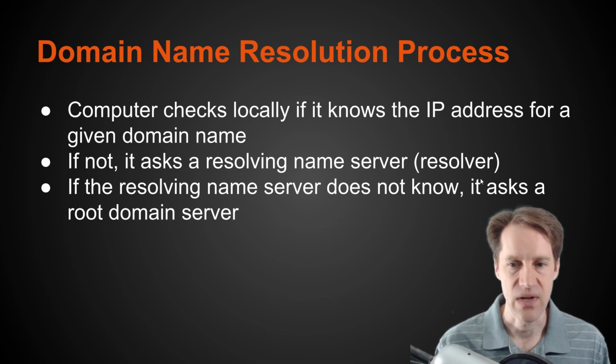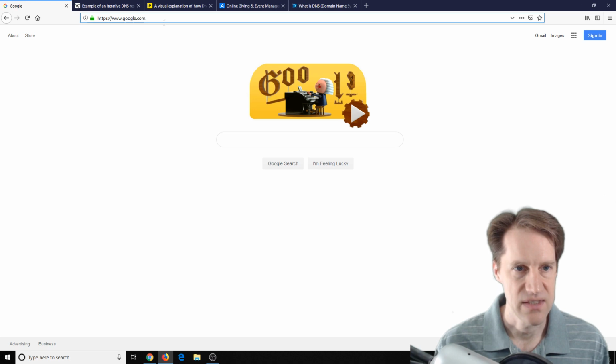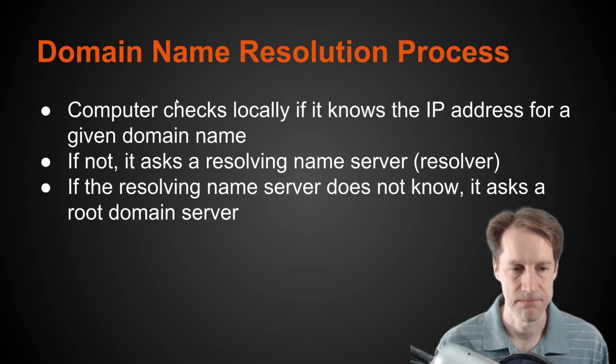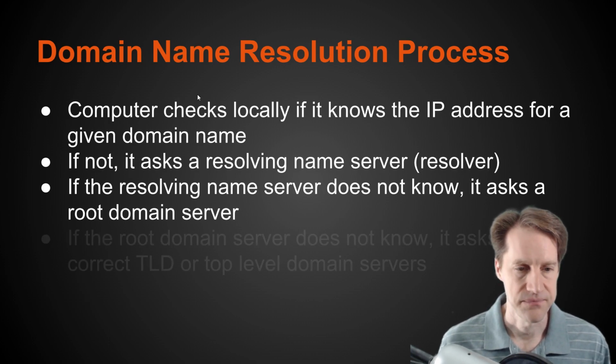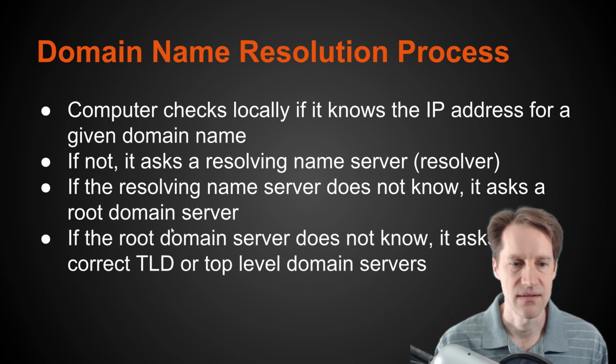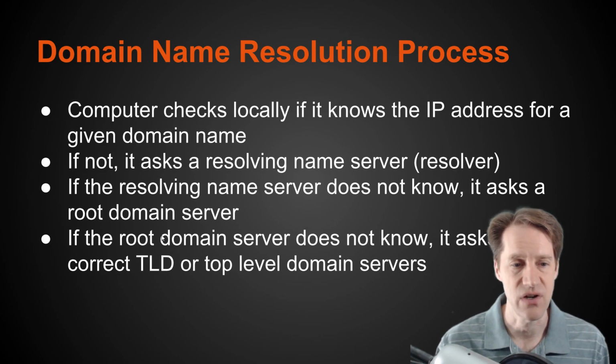Now, when you contact this resolving name server, if it doesn't know the IP address that name refers to, it then goes and asks what's known as the root domain server. The root domain server references this dot that you can have at the end of the domain. So there's a root domain server that's responsible for that. And it says, hey, do you know google.com? There's a case where it may have forgotten what the IP address is, but it knows where to find the top-level domain DNS server.